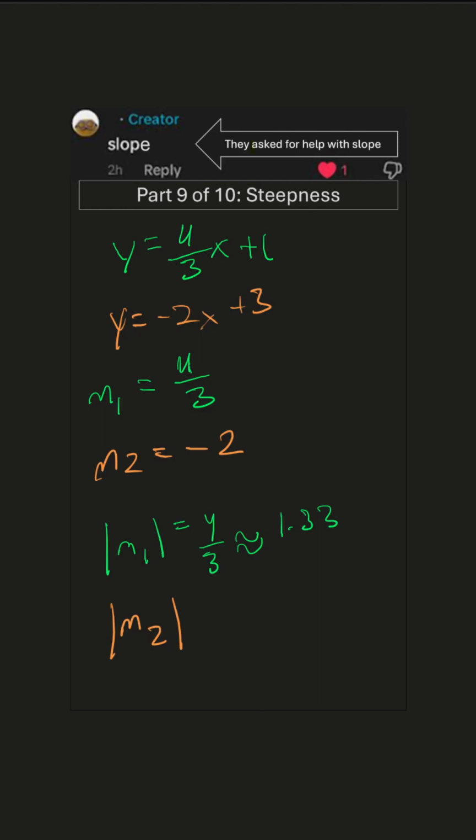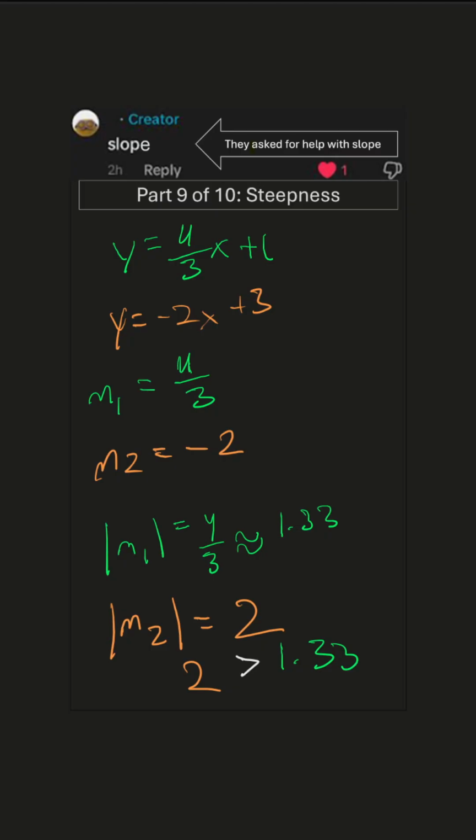It means ignore the sign and just keep the size. So that tells us how strong the tilt is rather than which way it leans. So the absolute value of m2 equals 2. So 2 is greater than 1.33. So line 2 is steeper, even though it slopes downward.